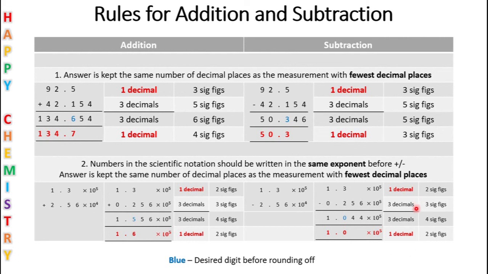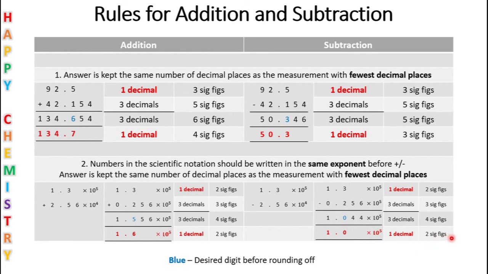Therefore, the answer should be kept in one decimal place. 1.044 into 10 to the power 5 has 3 decimal places. Therefore, the desired digit is 0. After rounding down, the answer is 1.0 into 10 to the power 5.